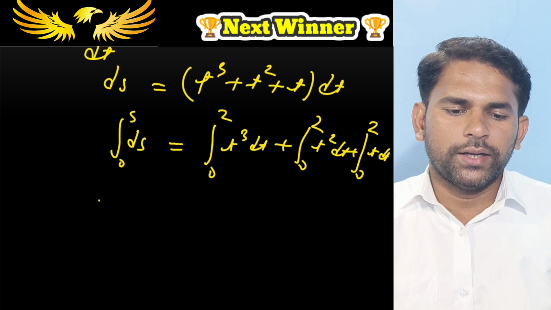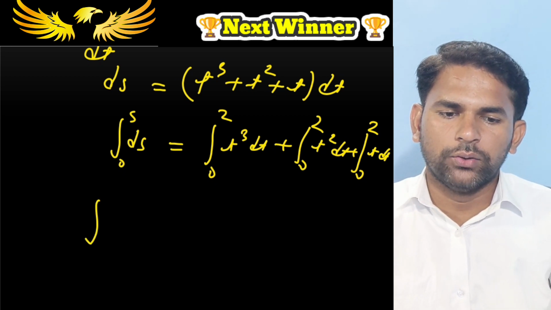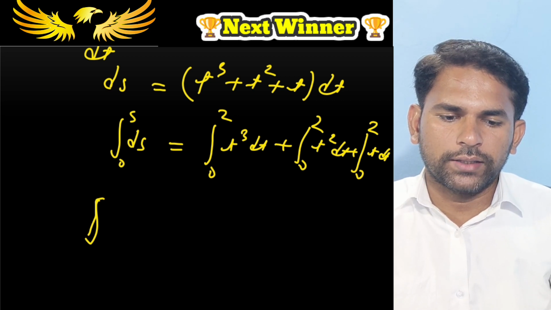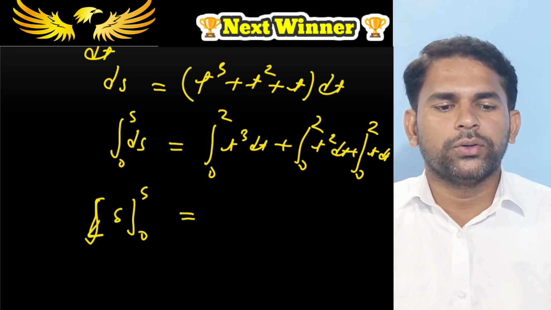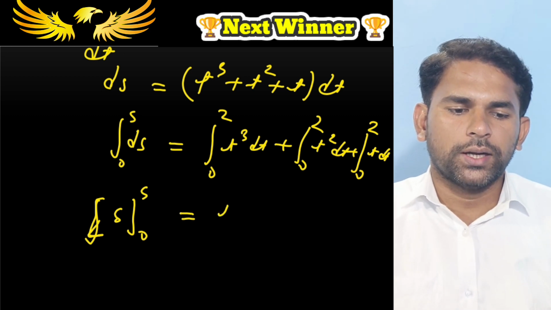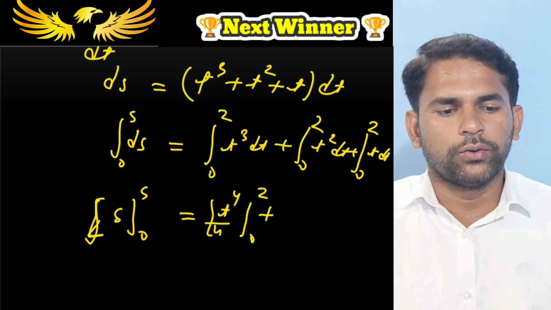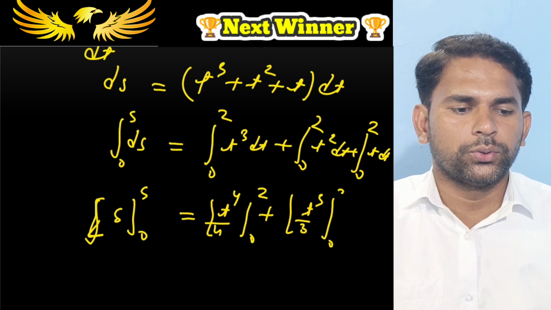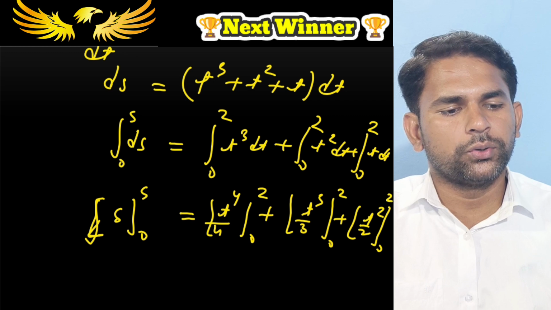Now if we integrate ds, limit 0 to s, it comes as s is equal to the integration of t cube, which is t power 4 upon 4, limit 0 to 2. Plus t cube upon 3, limit 0 to 2. Plus t square upon 2, limit 0 to 2.